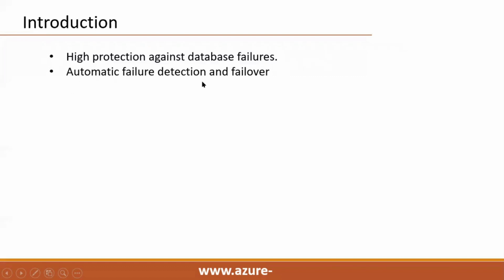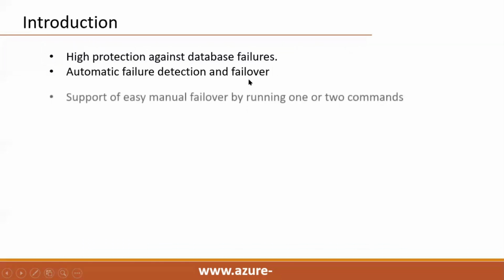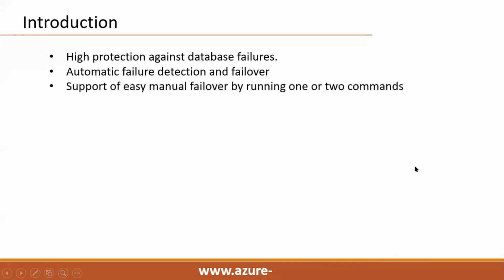Automatic failure detection and failover: whenever the principal server is down, the database is down, or a network issue is there between the partners, it will automatically detect it and start the failover process to bring the mirror database online. Support of easy manual failover also, by running one or two commands.